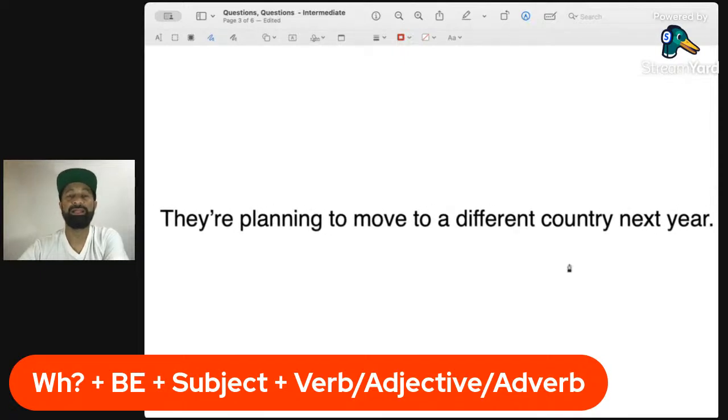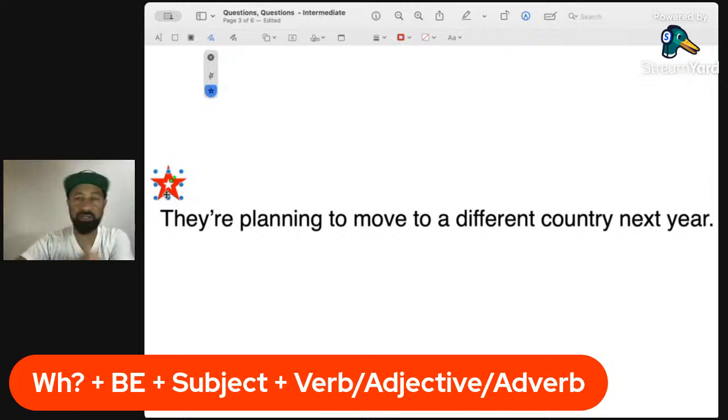They're planning to move to a different country next year. There can be multiple questions here. Whenever I put a star, that means there is more than one question you could make.